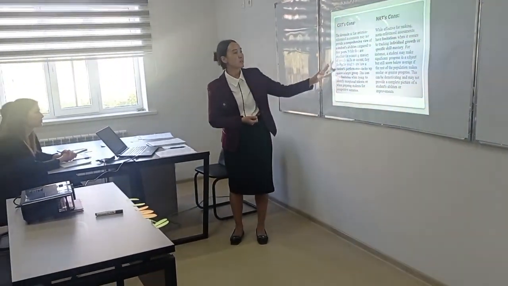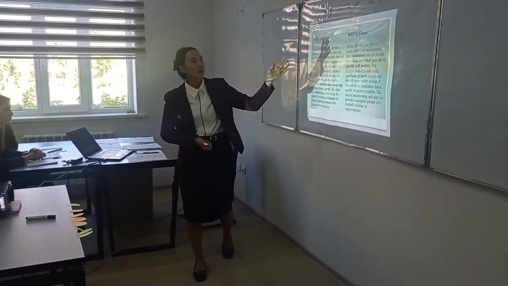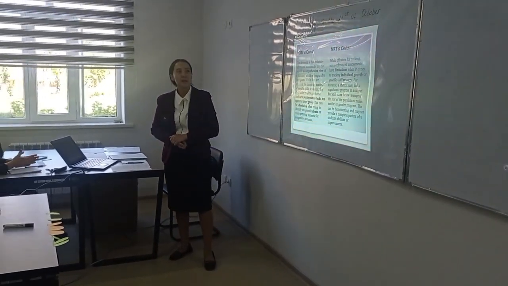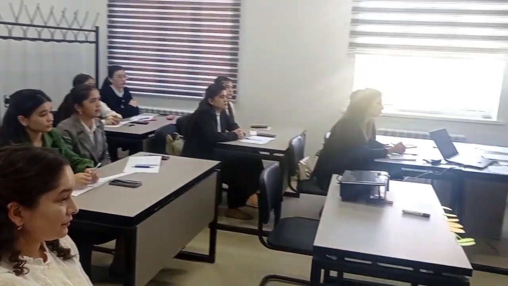That's why this might be one con of criterion-referenced assessment. And the norm-referenced assessment's bad side can be having limitations when it comes to checking individual groups or specific skill mastery, because we assess the student's performance by comparing others' performances.